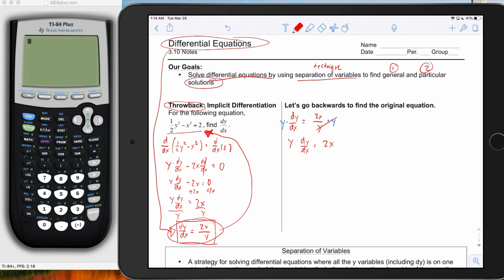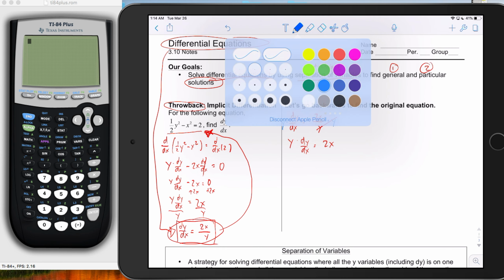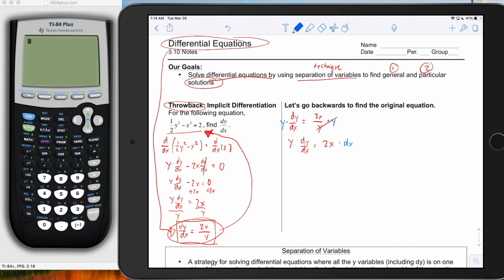Now I have the y and the dy together, and I want the dx and the 2x together. So I'm going to multiply both sides by dx. That way the dx's cancel out, and we're left with y dy equals 2x dx.